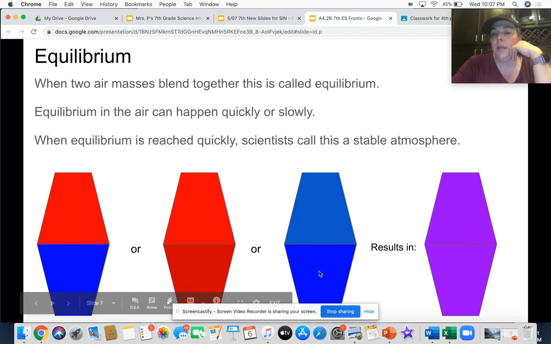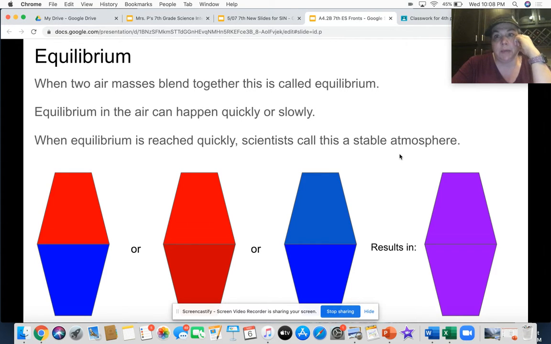Same thing with cool and cooler. They're just slightly different shades to represent the different temperatures. So if I have warm on top and cool on the bottom, warm and warm, cool and cool, I'm always going to get a quick equilibrium, and this will be a stable atmosphere.